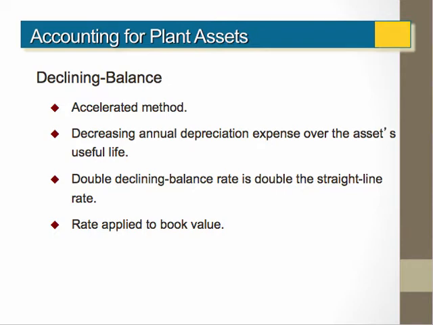So what we have to do is compute the depreciation rate, and we're going to increase that rate. If we're using double declining balance, we would take the depreciation rate that we calculate and multiply it times 2.